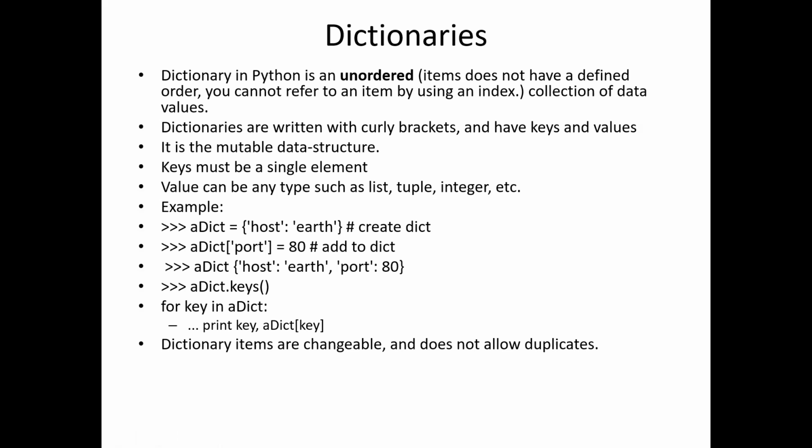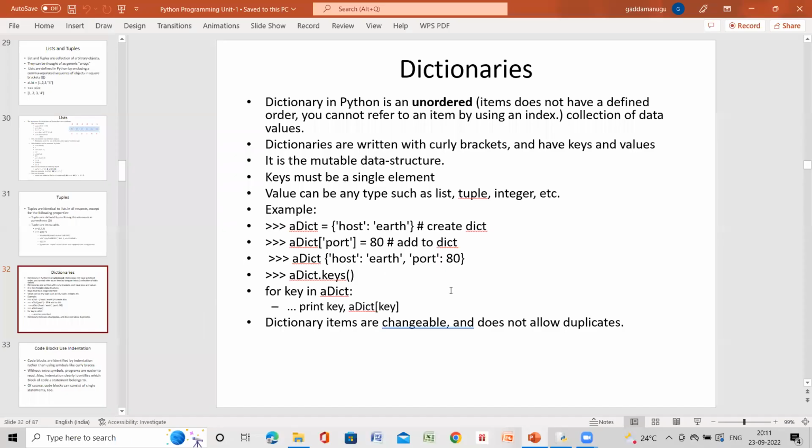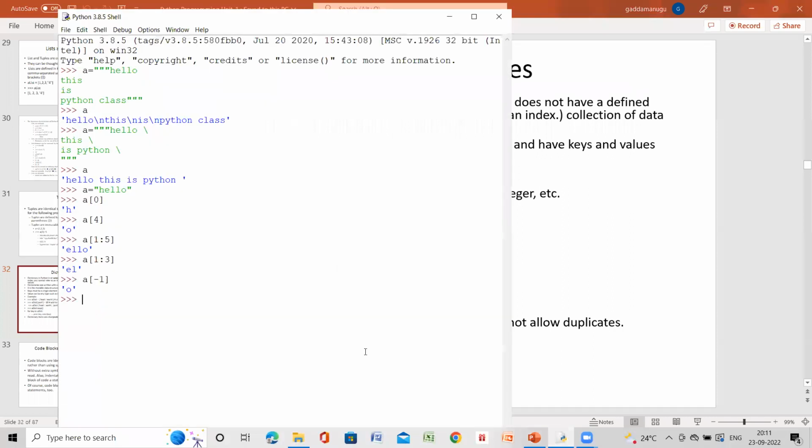Let us execute this one, dictionaries. Say a is equal to, my key is 1 and the value is v1, comma separated, 2 colon v2, right?